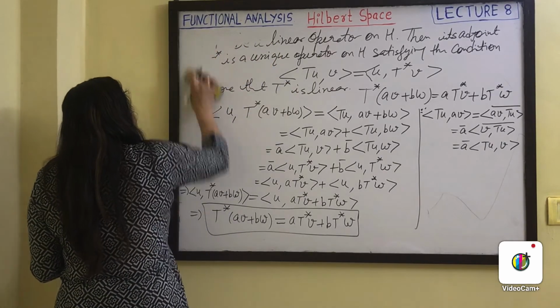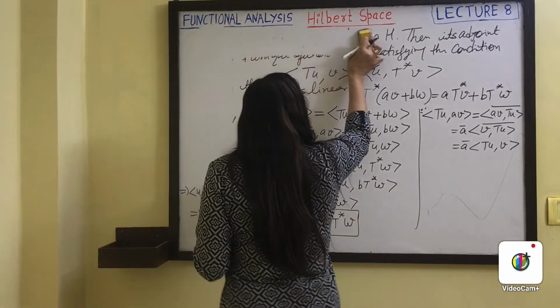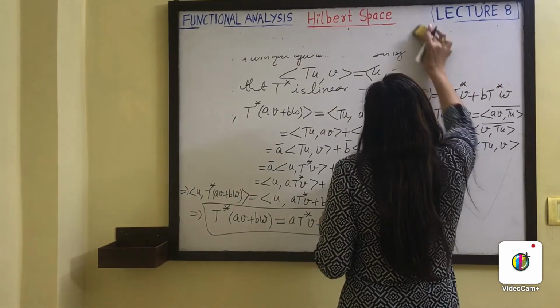Now let's find the angle between two vectors on a Hilbert space.